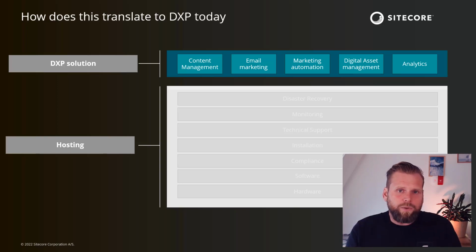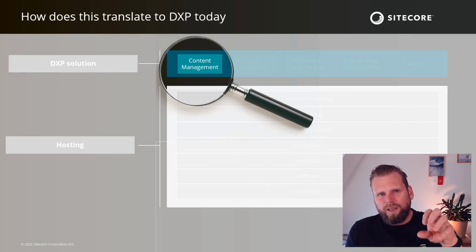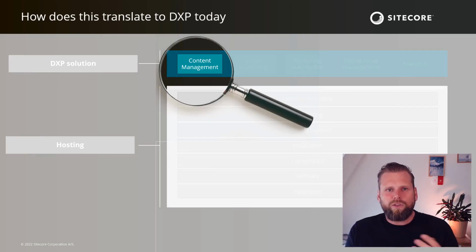For DXP solutions, we're seeing that companies are selecting tools that solve business problems and address opportunities that they see and have today. If they want to address content management, they want to select the best tool for that job. They don't want or either need that platform, although the platform provides all those features and functionality out of the box.